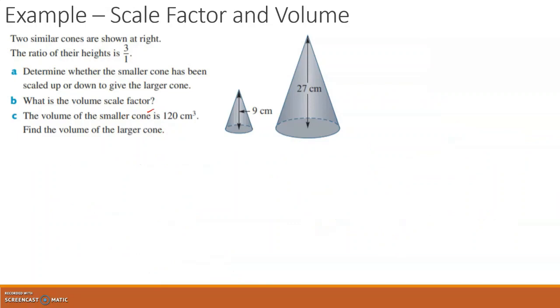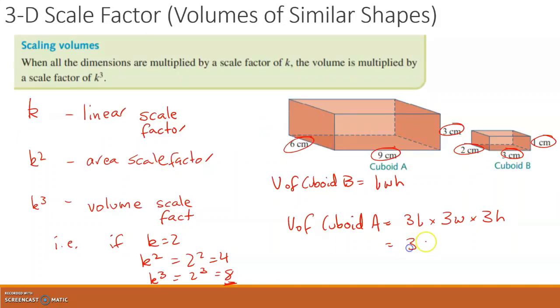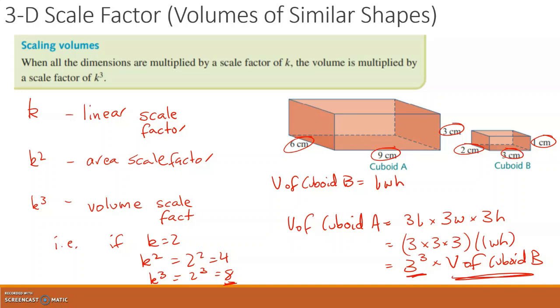So then if we factor out those 3's, we end up with 3 by 3 by 3 multiplied by length times width times height. Expressing that another way, what we have is 3 cubed times the volume of cuboid B. So cuboid A's volume is 3 cubed times the volume of cuboid B, which is what we just discovered over here: if we've got a linear scale factor, we cube it to get the volume scale factor.